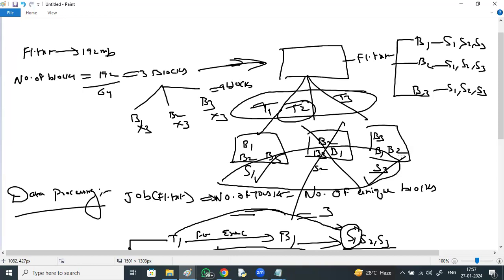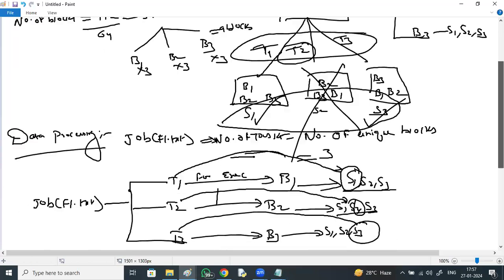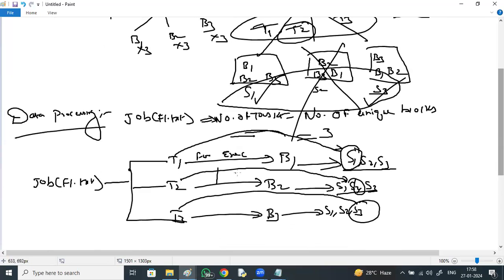Here I got 2 queries. First, what is the criteria followed in assigning a task to a slave? Why was S1 only selected for executing the T1 task? Why not S2 and S3?